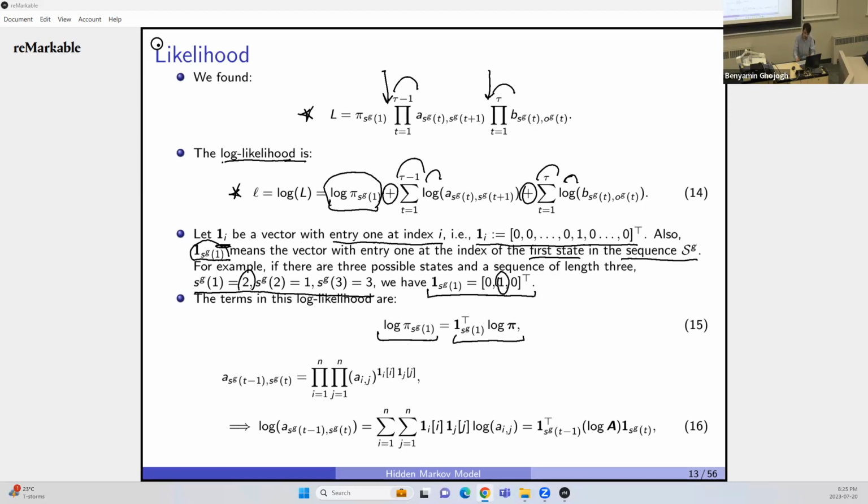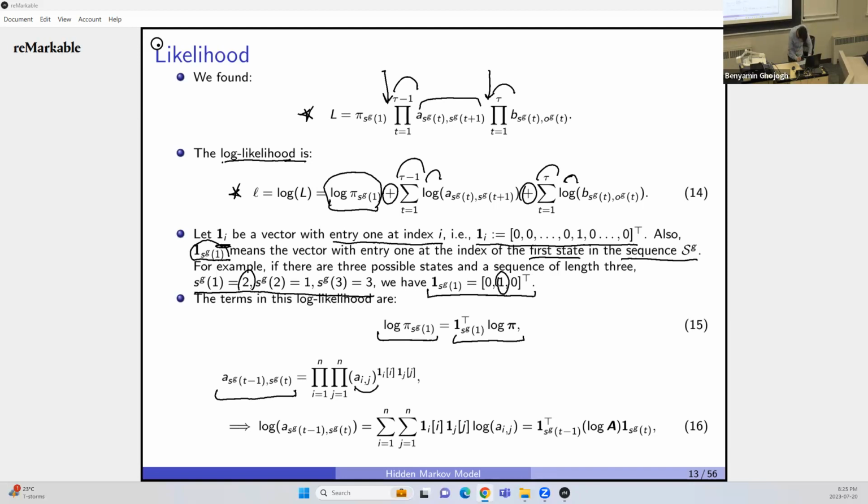As if that's a scalar, let's write it in vector form. I can write it as 1_SG1 transpose log pi. What does it do? It filters everything except the SG1 element. So also the second term, I'm writing them in vector or matrix form, whatever.